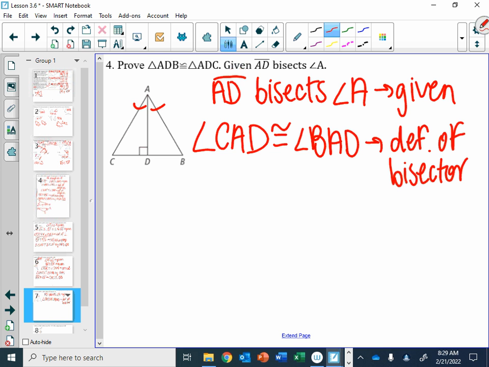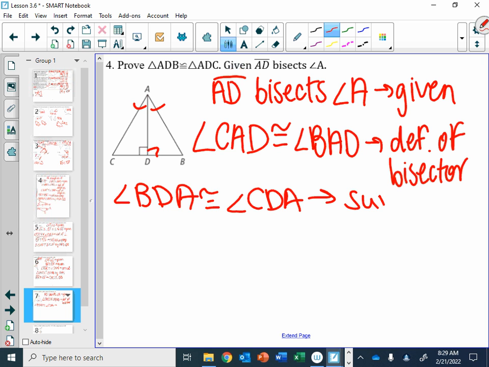Supplementary, okay, it's just a line. It's probably a perpendicular bisector, but I wasn't specifically told it was, so I can't say this. Okay. But I have a line. So if this is 90, then that's got to be 90. Okay. So I can say angle BDA is congruent to CDA, and I can just say supplementary.